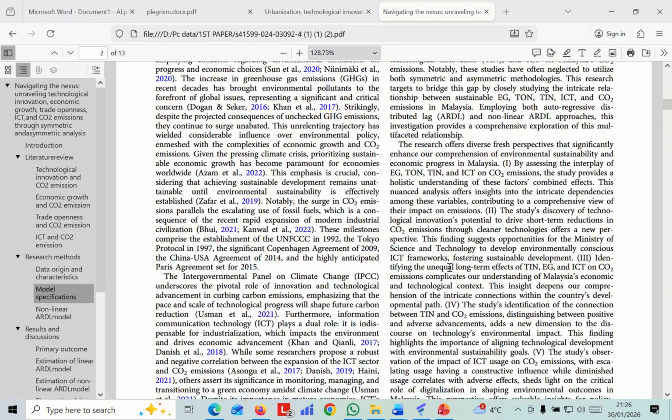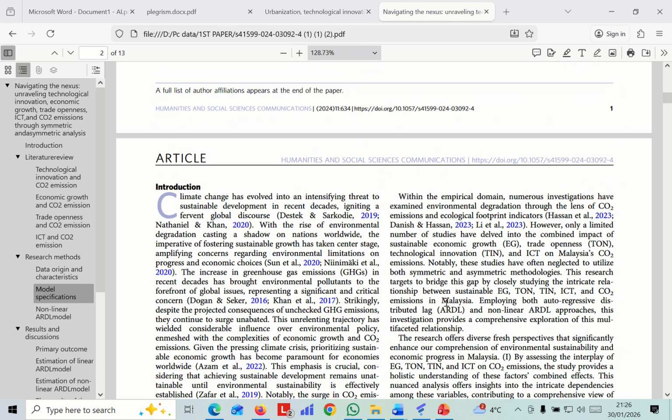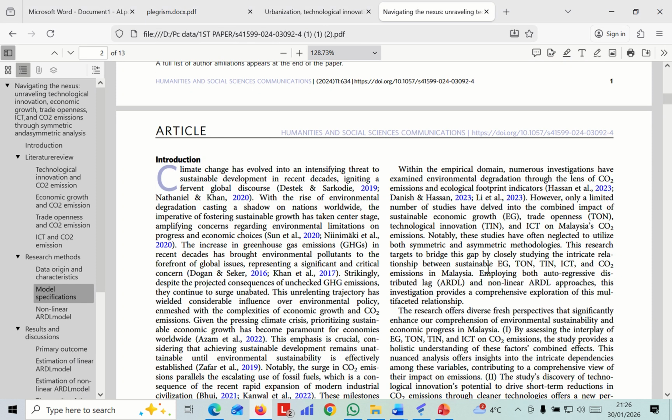Now in the next area we are going to discuss identifying the research gap. This is the most important part of the introduction. The author explains that many studies exist on CO2 emission, but very few studies examine the combined effect of economic growth, trade openness, technological innovation, and ICT.